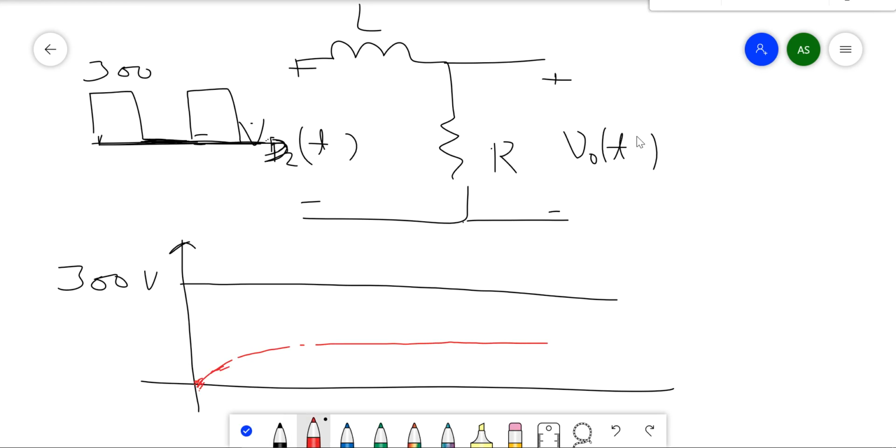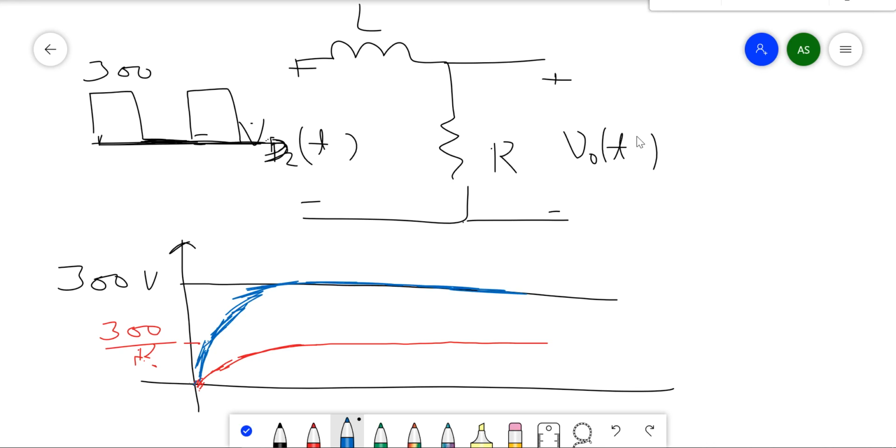Okay, it will increase from 0 and reach 300 by R. So this is the current waveform. And similarly, the voltage across the resistor will follow the same but just multiplied by R. So this will be the voltage across the resistor.